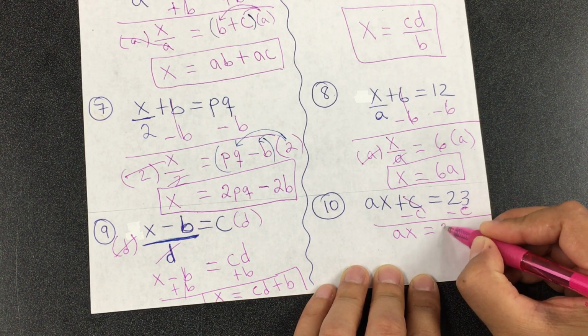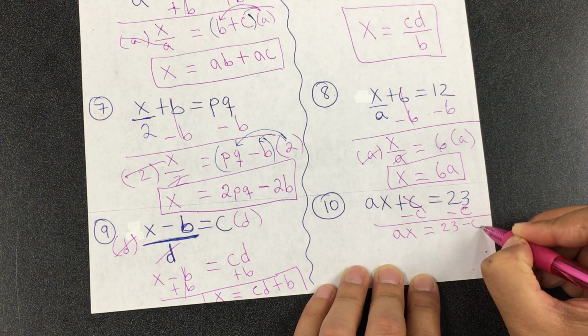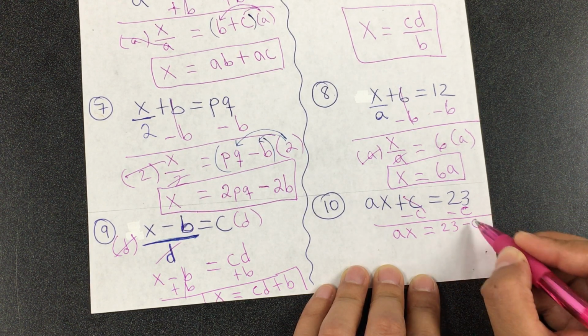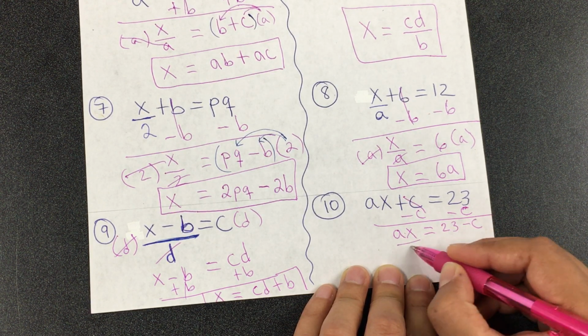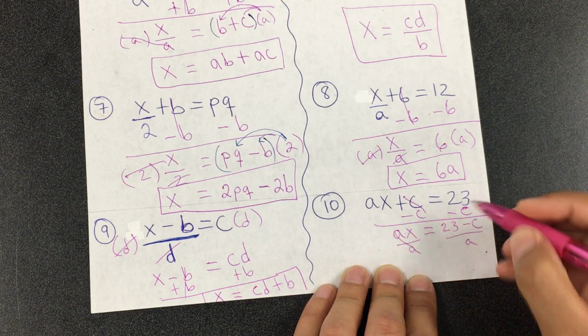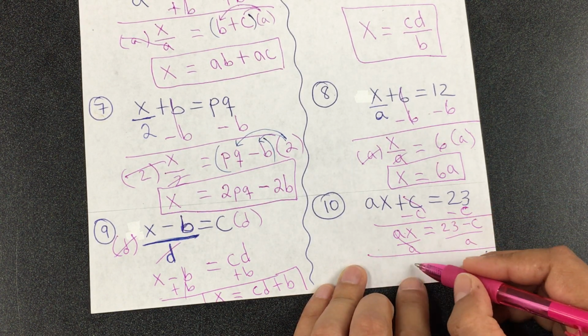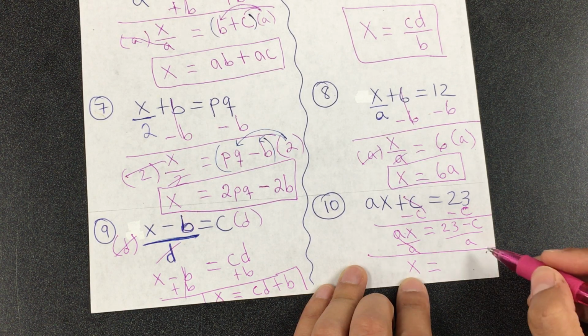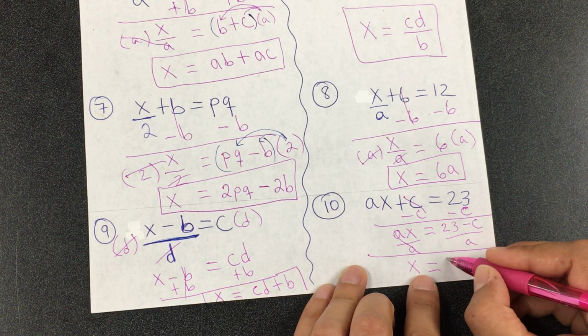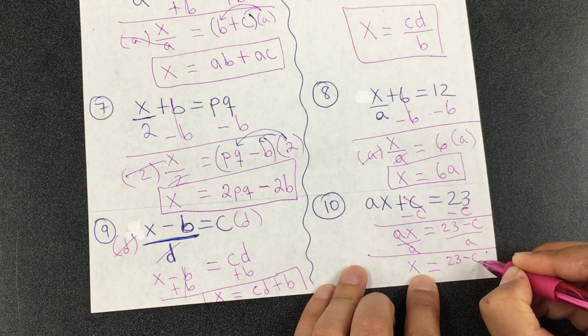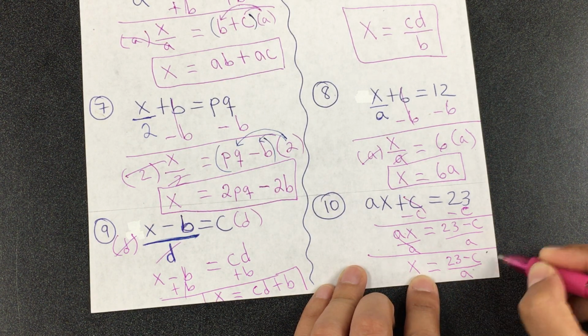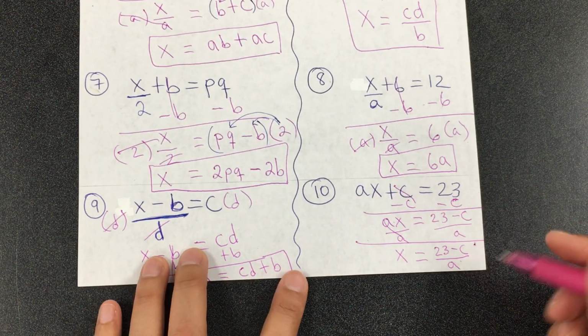I'm just gonna put 23 minus C. Finally, if we're multiplying, the opposite is to divide by A. And so your answer is X equals, nothing can simplify, so you're just going to put 23 minus C divided by A. And that's going to be our answer.